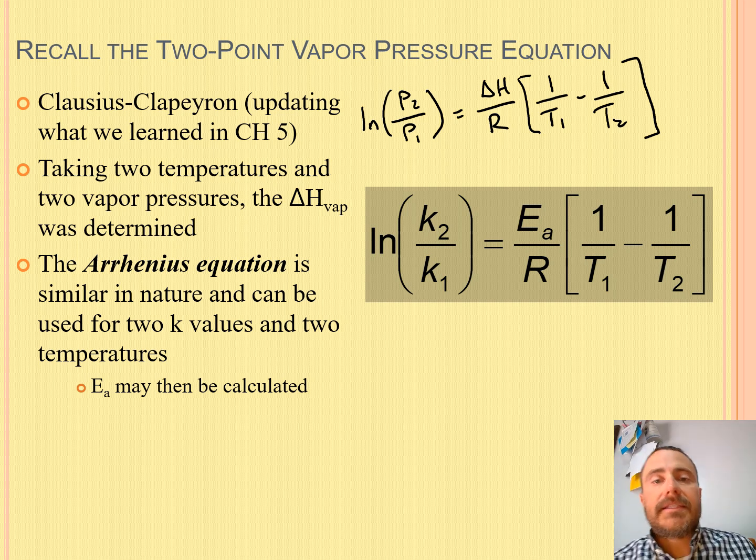This is an extension upon that. Here, though, we're more interested in looking at our rate constants and how that changes this activation energy. So what we want to do is use this equation in order to solve some problems. So let's see that played out.